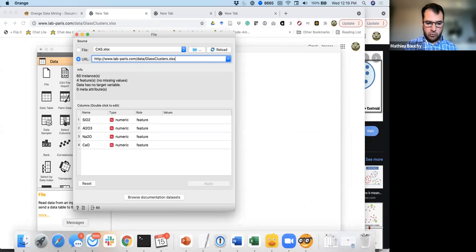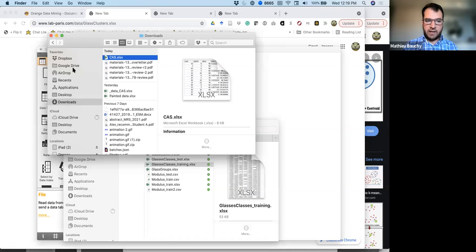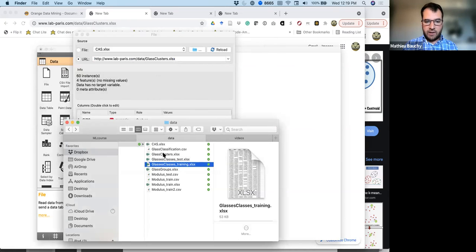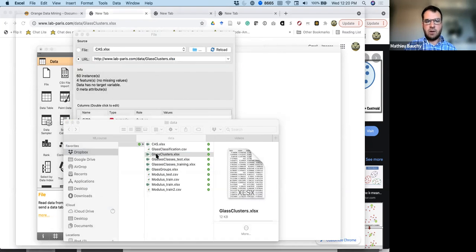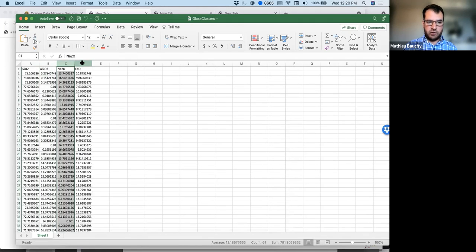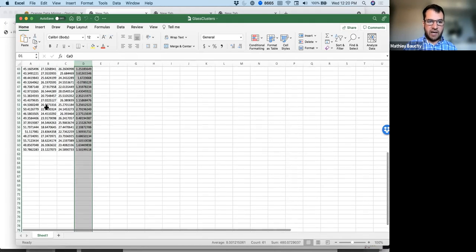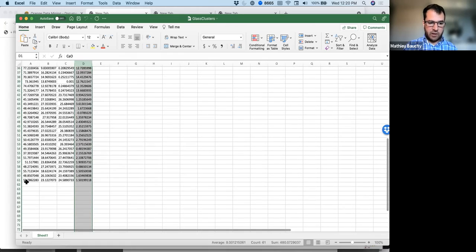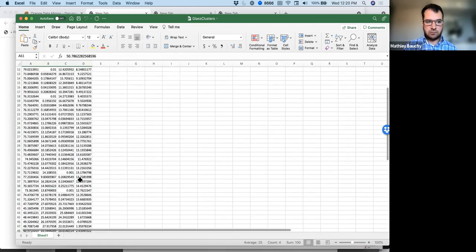So let me show you what this dataset looks like. It contains a series of glass compositions, in this case 60 glasses.